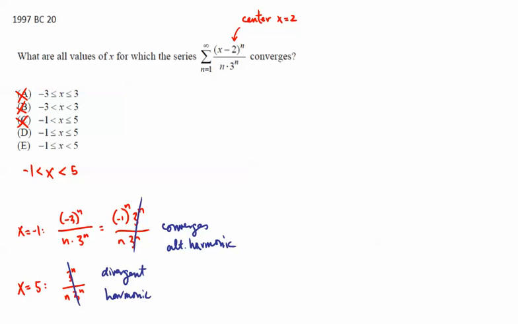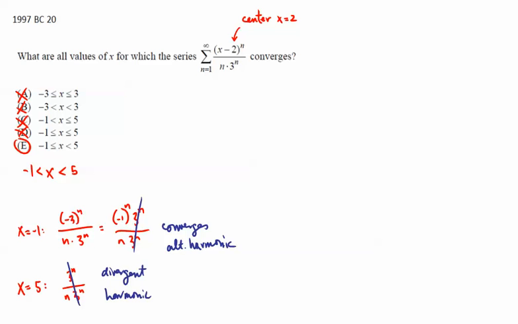And that tells me then that my final answer cannot be D either, but has to be E. So in a short time, I've been able to find the correct answer choice.